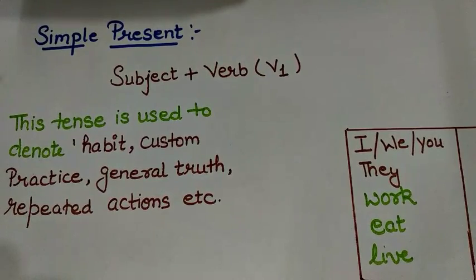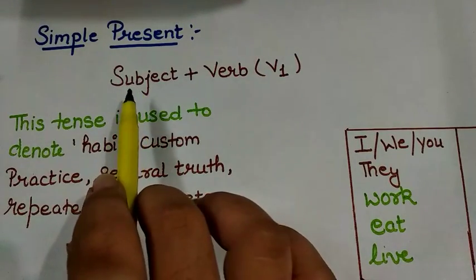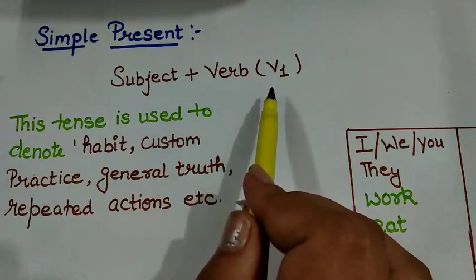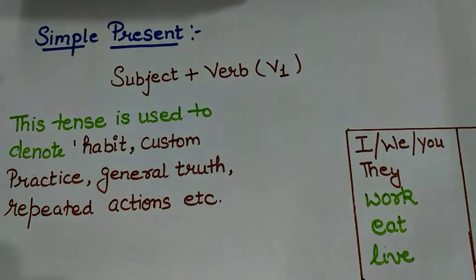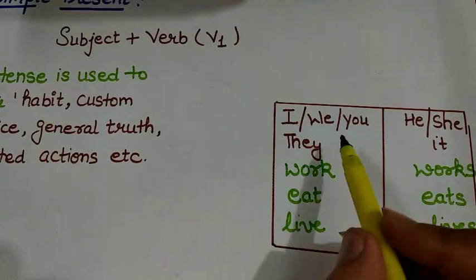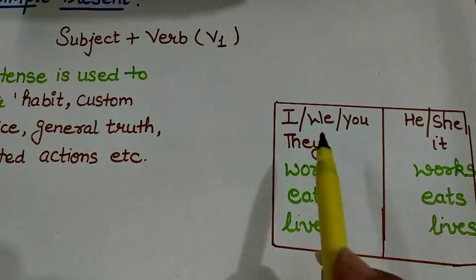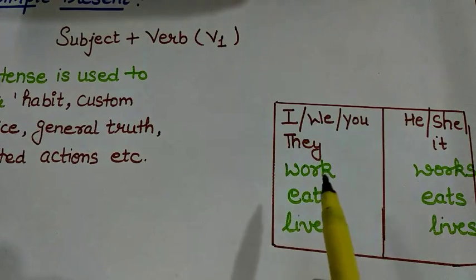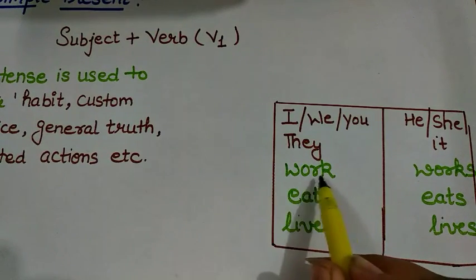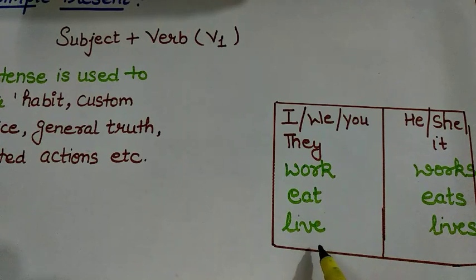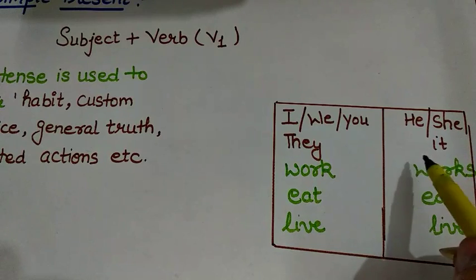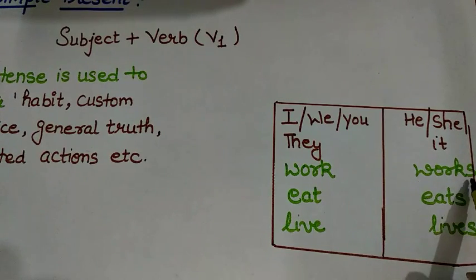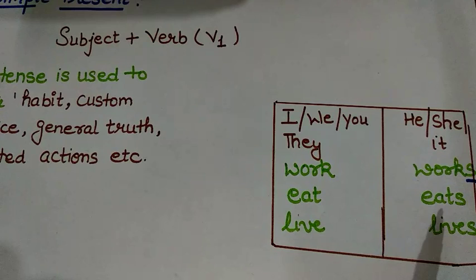In simple present tense, we use subject with the first form of the verb. How? You can see a table here. When the subject is I, we, you and they, we use a verb like work, eat, live. But when the subject is he, she or it, we use s with that verb, like works, eats, lives.